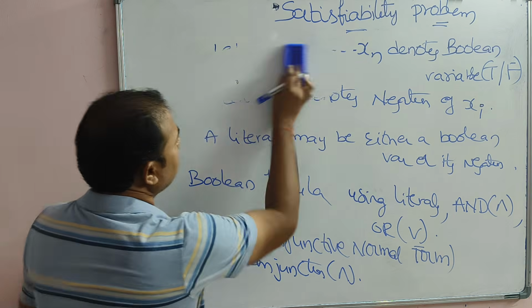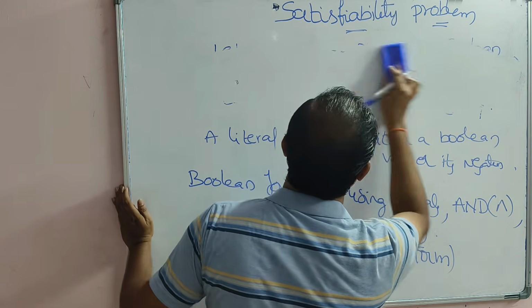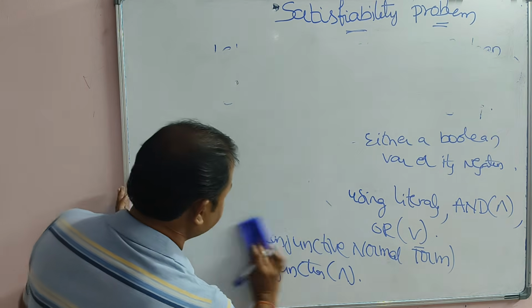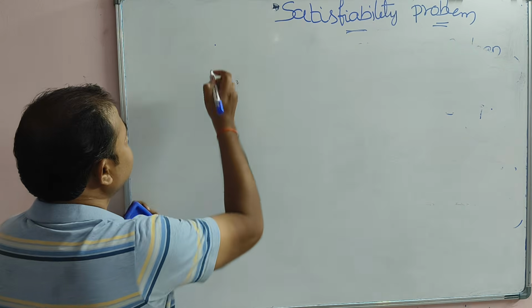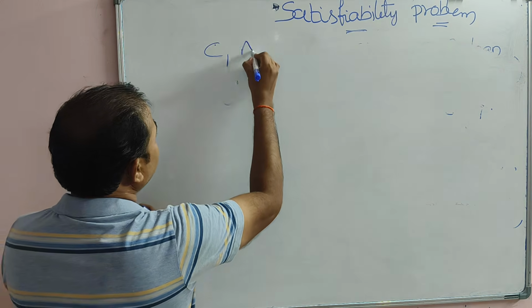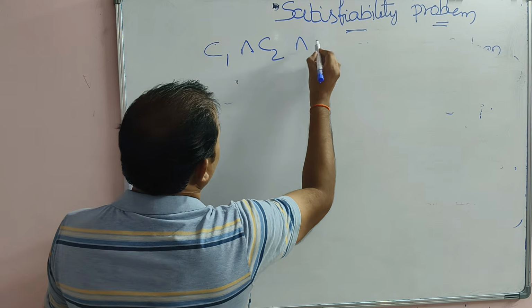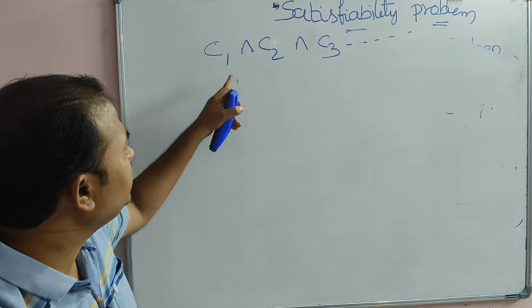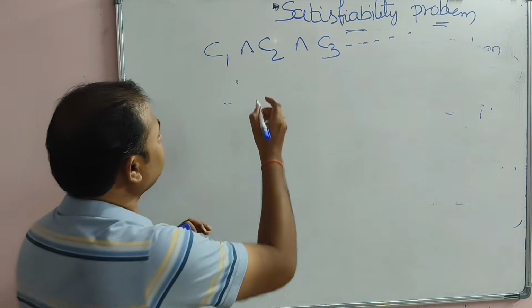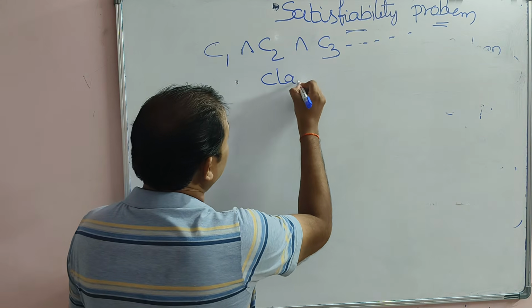Here we can write CNF like this: C1 and C2 and C3, and so on. Here C1, C2, C3 are called clauses.